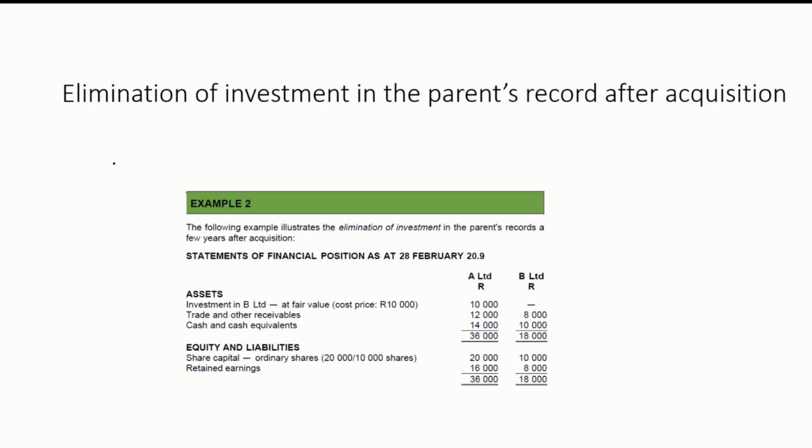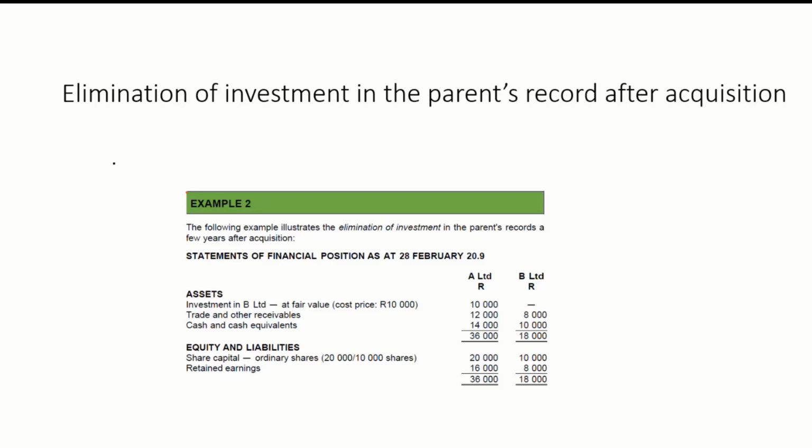You see the difference? In the first one, immediately B started operation, A came to take control. Now, in example 2, B was in operation for some time before A came to acquire it.